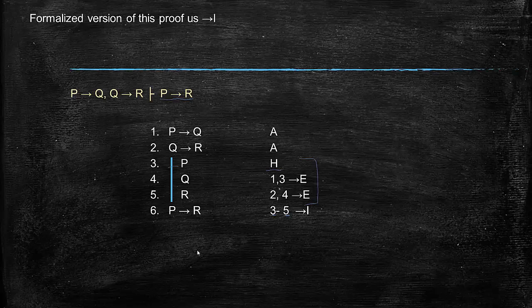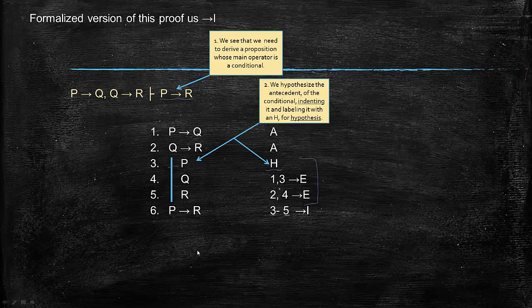Now, I'm going to go back through this and give you some little text boxes to look at, but I'm just repeating what I just said. So the first step is we see that we need to derive a proposition whose main operator is a conditional. As we'll see later, it doesn't always have to be the main conclusion, but it has to be a conditional. And then we hypothesize the antecedent of the conditional, indenting it and labeling it with an H for hypothesis.